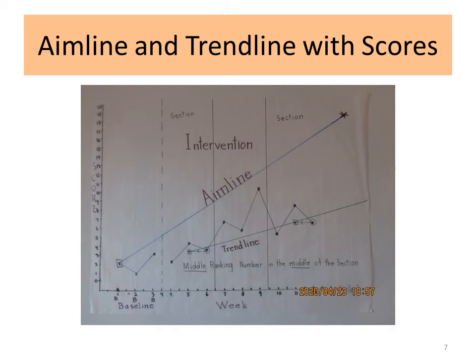Intervention section, it says on the left side. So I separate those 3 scores. Then I go to the last 3 scores, no matter where they are, the last 3 scores that I have, and I separate those from everything else. Notice I'm not taking the average. I'm not doing that.